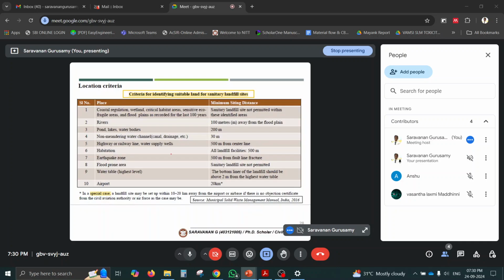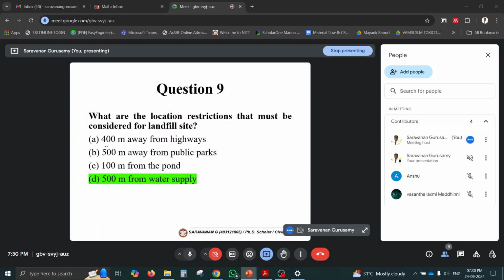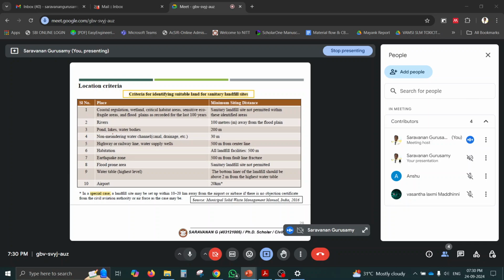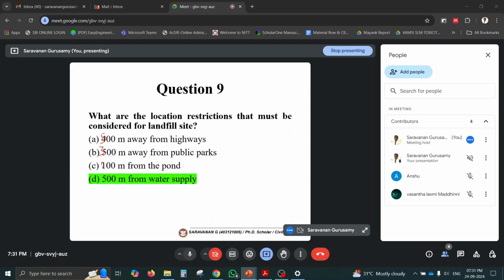So the answer is public park is 300 meter, highway is 500 meter. From the pond and the lake, it should be 200 meter. And water supply 500 meter is correct. Okay.